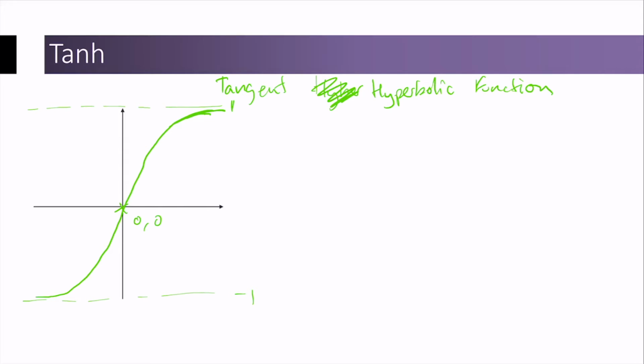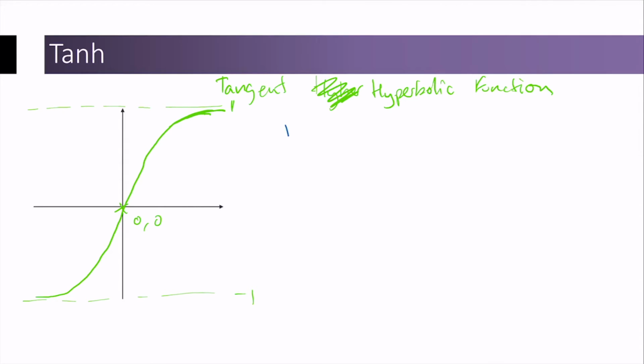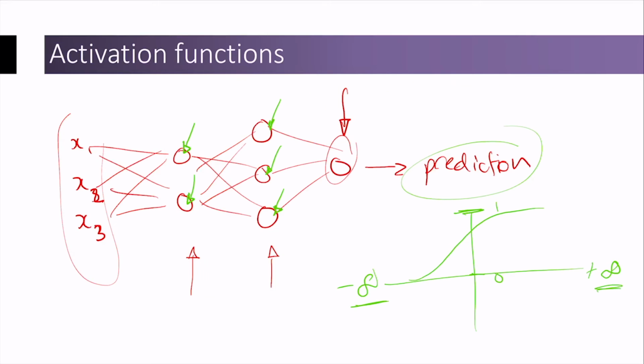And the equation for this tanh function is tanh of z, because z is what you're going to be passing into this function. If we go back here, what you compute in this node is z equals w transpose x plus b, and then you put that through a function such as tanh and the other ones I'll describe.